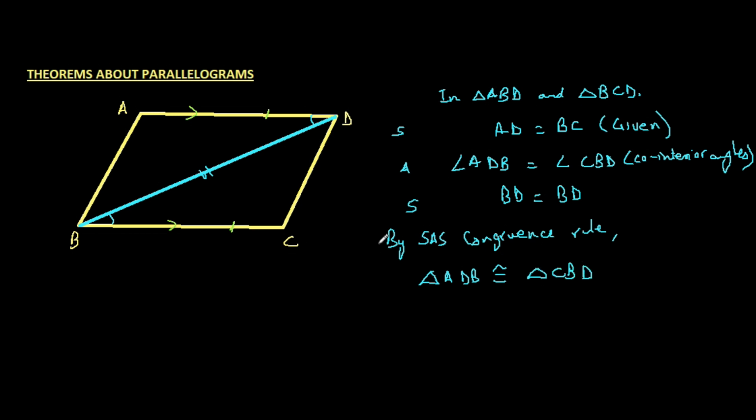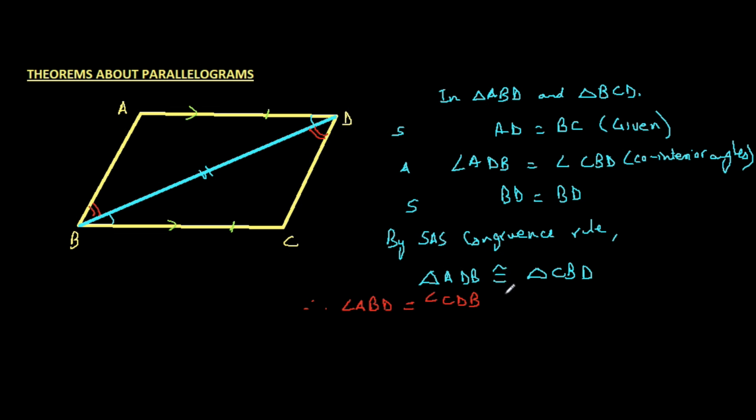Now to prove that this quadrilateral is a parallelogram, we need to prove that AB is parallel to CD. So once we have got this congruence in place, we can say that this angle here should be equal to this angle here because they are congruent angles. So therefore angle ABD is equal to angle CDB.